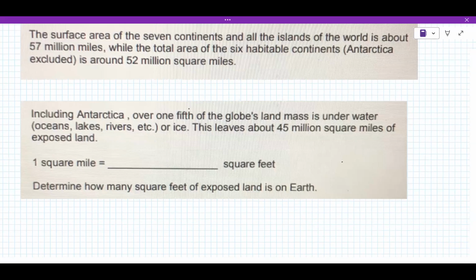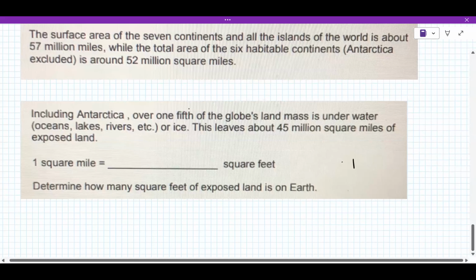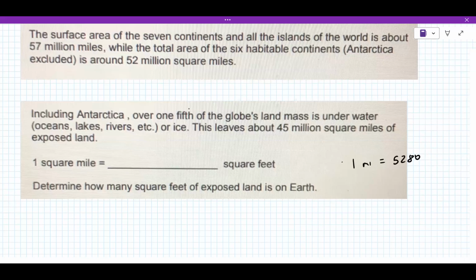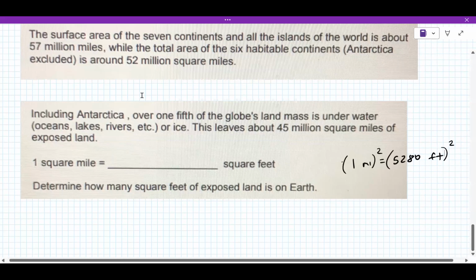Okay, we know that 1 foot, I'm sorry, 1 mile, not 1 foot. 1 mile is 5,280 feet. Okay, so if you square both, you get the number of feet squared.